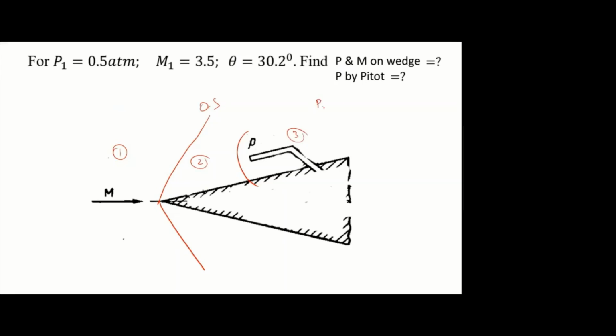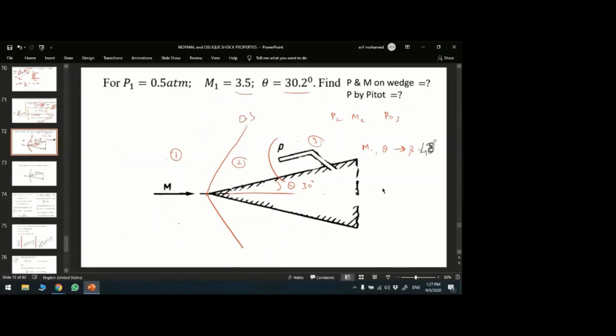Now tell me the procedure to find P2, M2, P03. Theta is given. So we know M1 and theta, you can find beta. What is the beta value? If you check, it will be around 48.